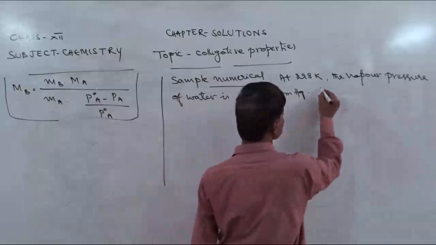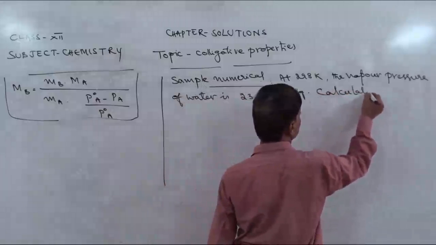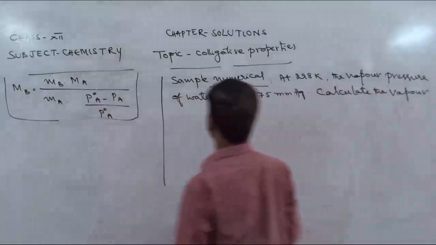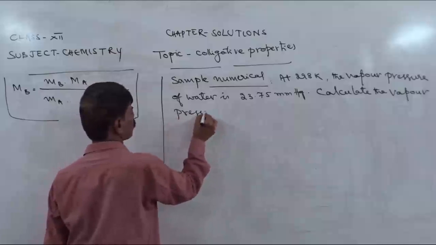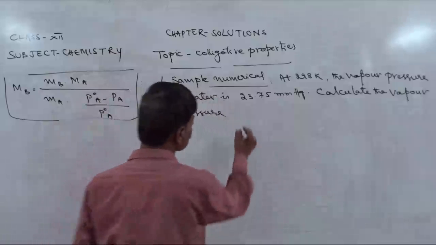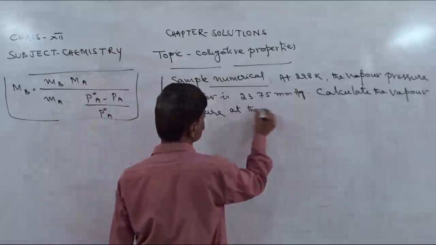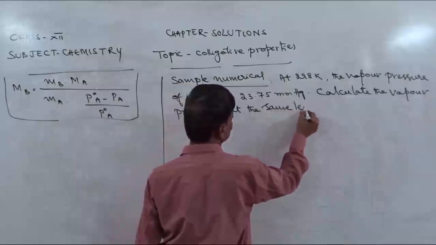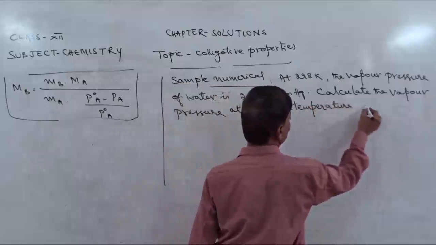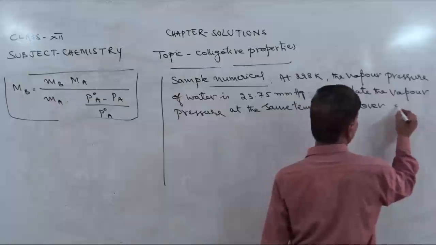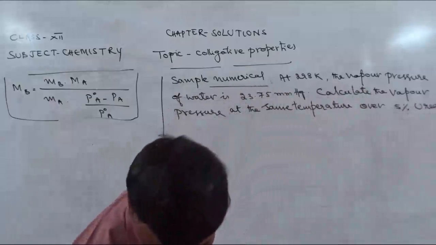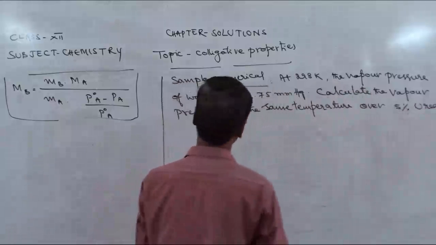Calculate the vapor pressure at the same temperature over 5% urea solution.